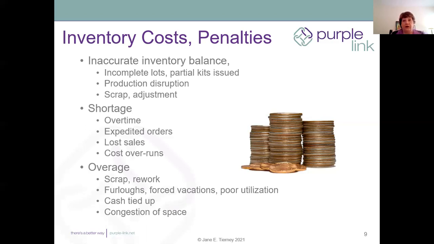Expedited orders always cost more than planned, and that takes away from your profit. If you don't have the inventory and you have shortages, you might just have lost sales. You might just have that opportunity cost where the customers are ready to buy, but you didn't have any, so they went somewhere else. And then you can overrun your cost modeling significantly if you can't manage your shortages.